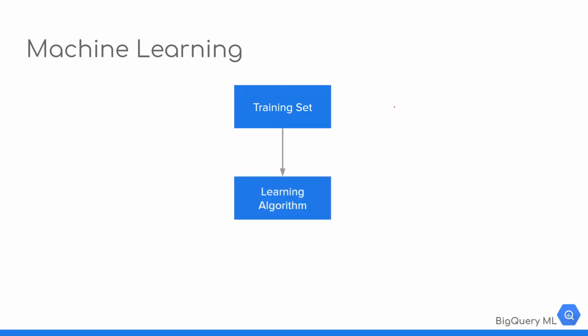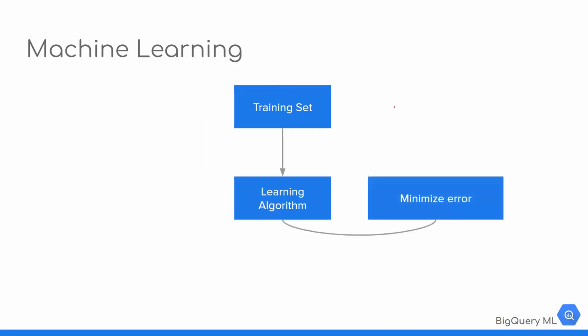So if we take a very high level model of what machine learning does, we basically have a training dataset, and we feed that training dataset into a learning algorithm, and we tell that learning algorithm this is the result that I want, and the algorithm will say, okay, we have an error for that result, so I'm going to minimize that error through iterations.